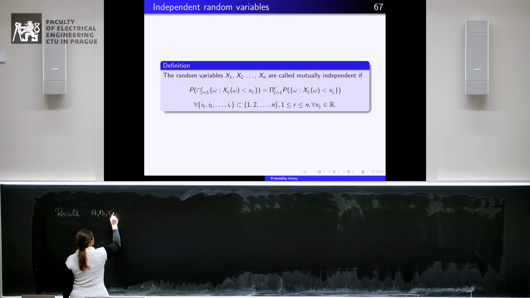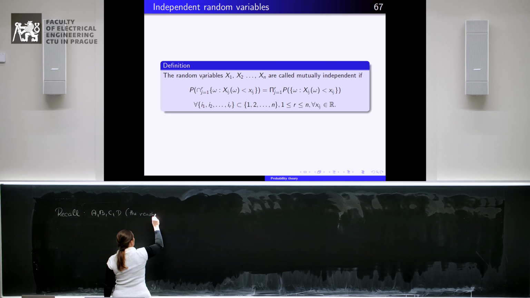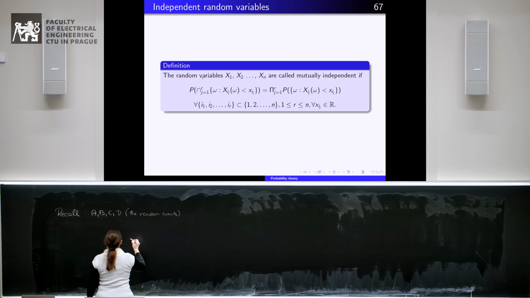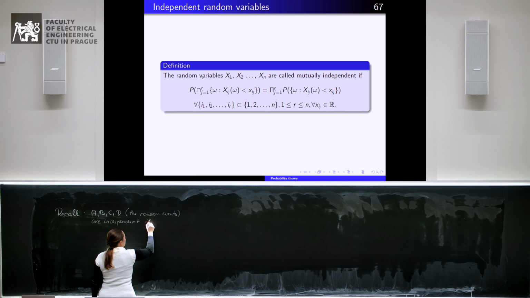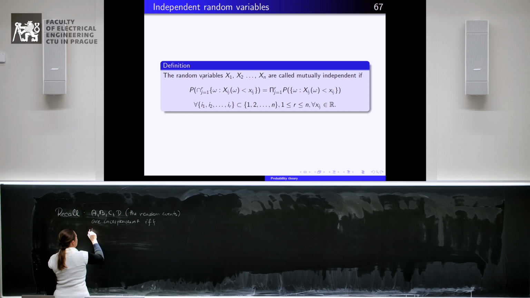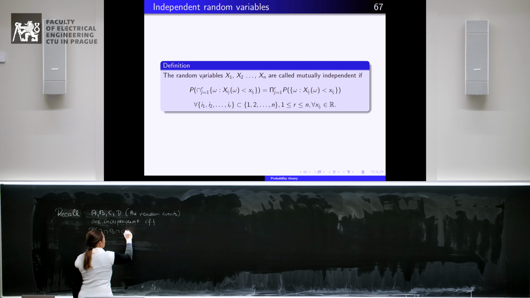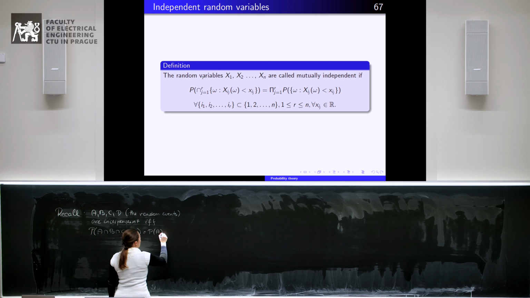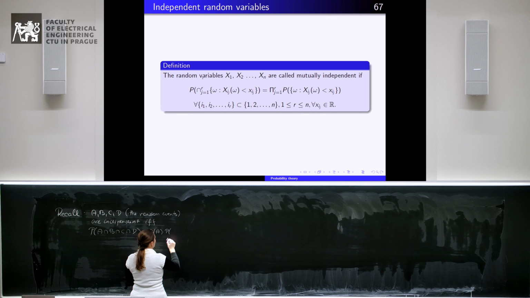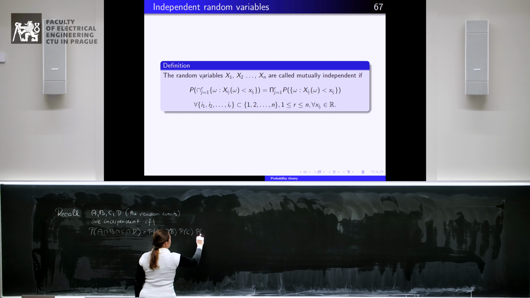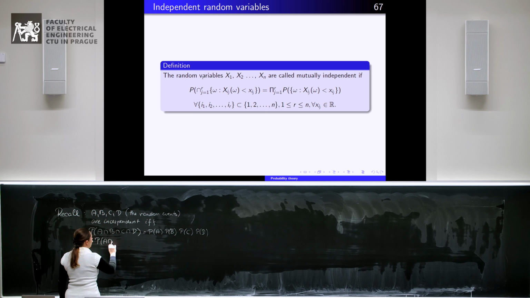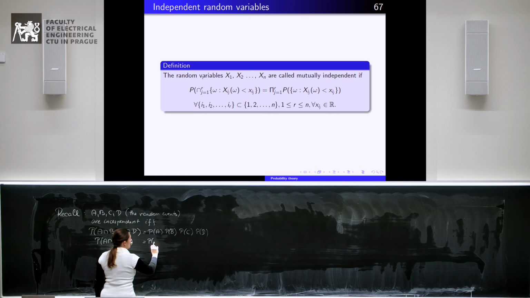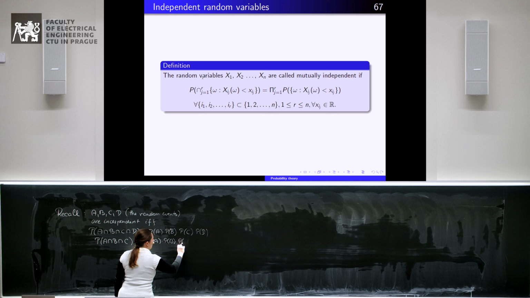So let's call the random events A, B, C, and D. They are independent if and only if it holds that the probability of their intersection is equal to the product of their marginal probabilities, but it was not enough to verify this one relation, but we needed to verify these relations for all combinations we can obtain from these four events.